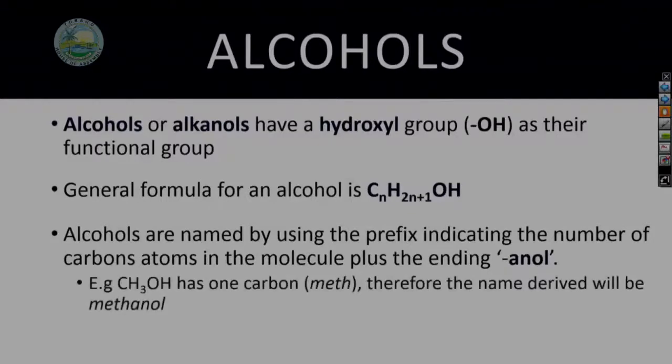An example is CH3OH. This compound has one carbon, and one carbon means meth. Therefore, the name is methanol.